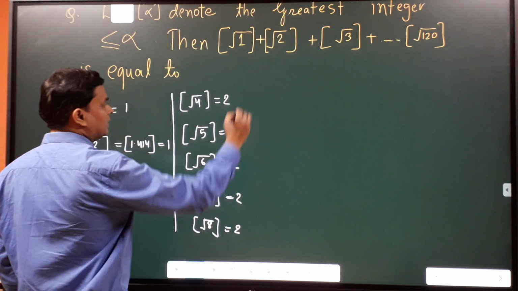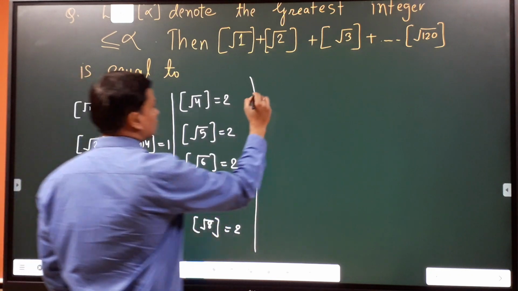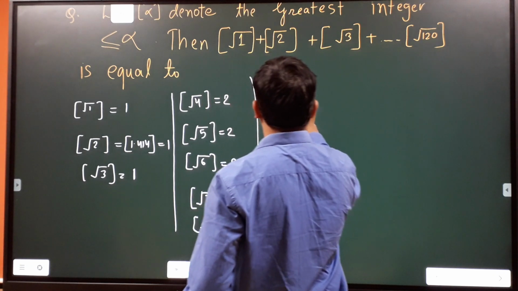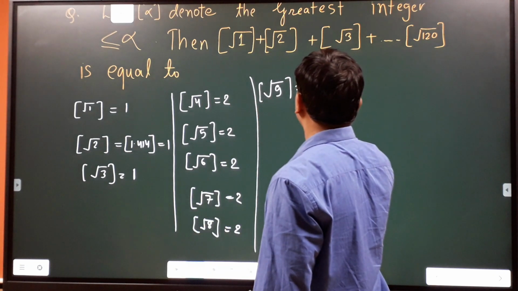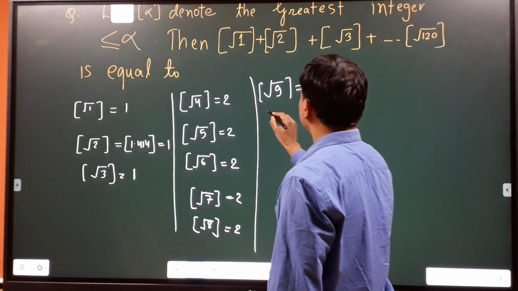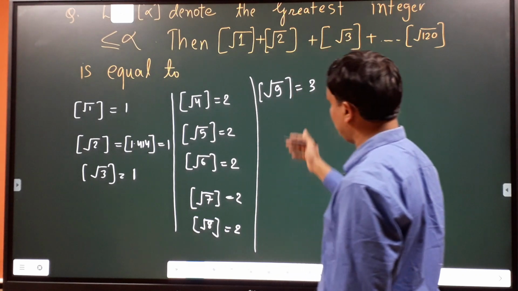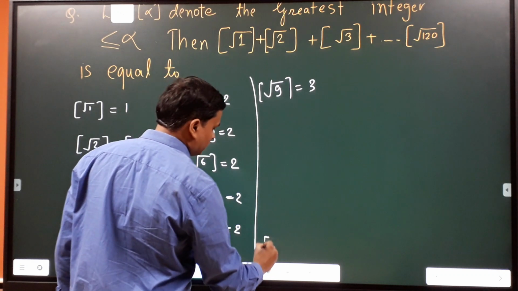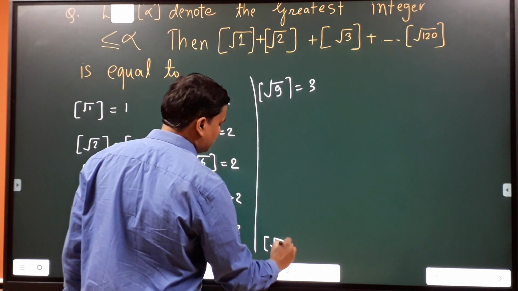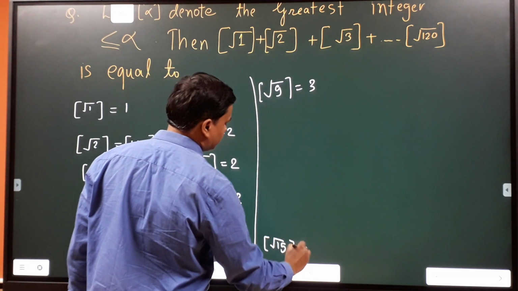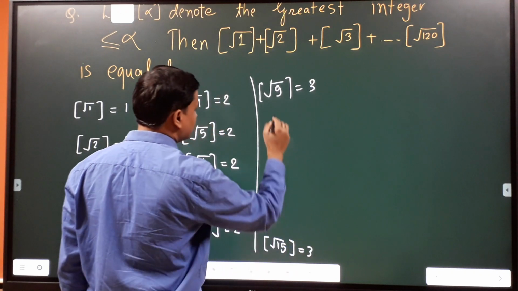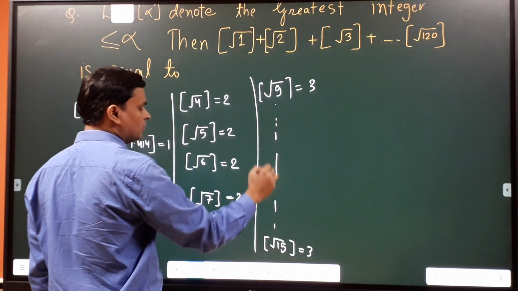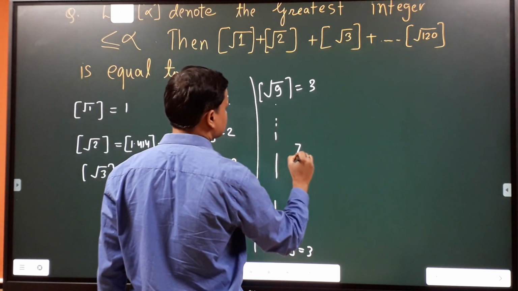Okay, and root 9, greatest integer of root 9 will come out to be 3. Okay. Now from 9 till root under 15, till root under 15 it will come out to be 3. That means how many elements are here? Here are 7 elements. Okay, 9, 10, 11, 12, 13, 14, 15, 7 elements.